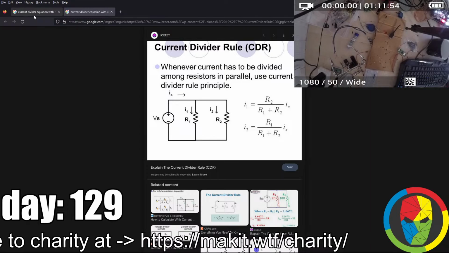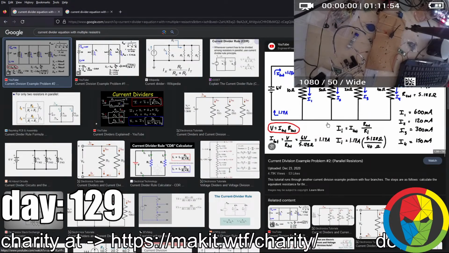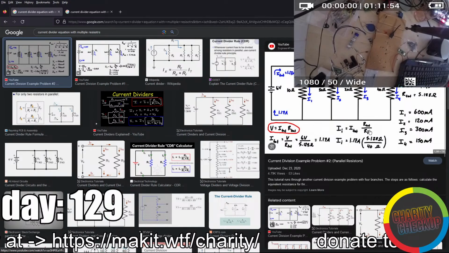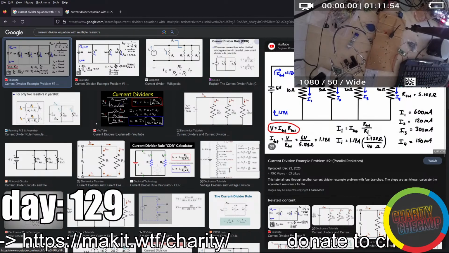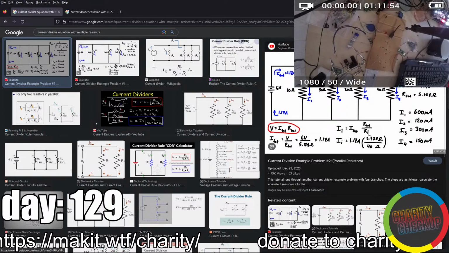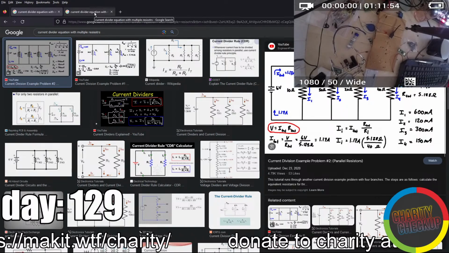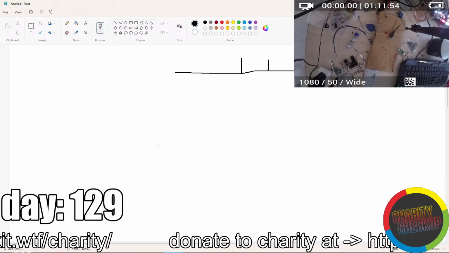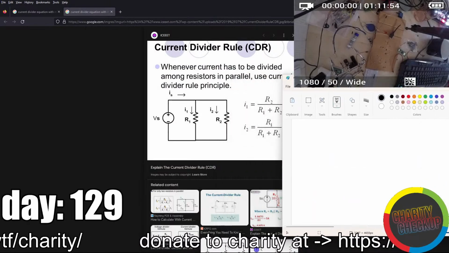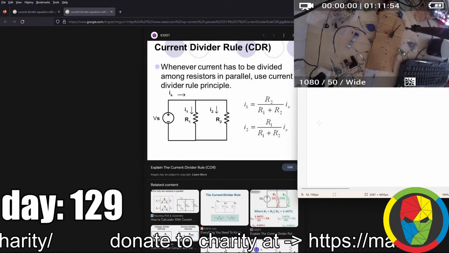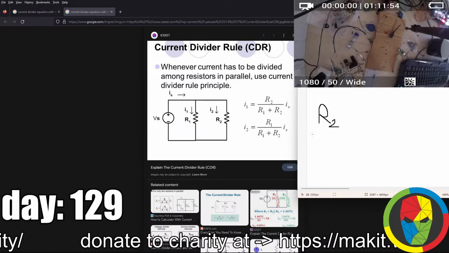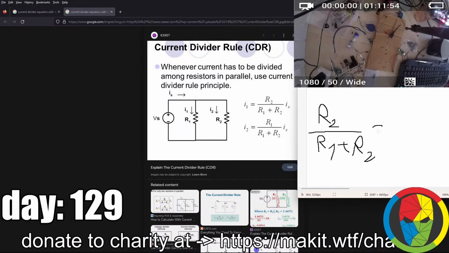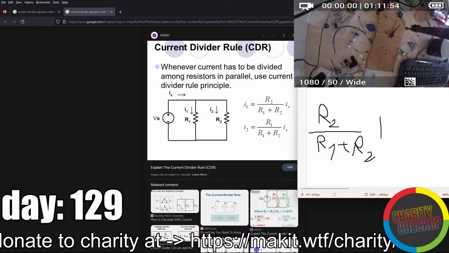That's off, way off. That's a different equation. Over here, total resistance divided by... Oh, unless this is simplified already. Wait, let me check. In our case, it will be R2 divided by R1 plus R2 times I, capital.